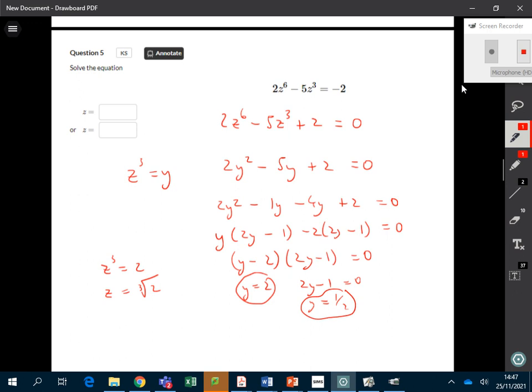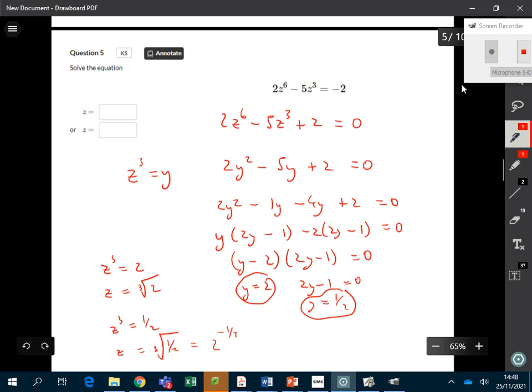And then similarly, using the other solution, if z cubed is equal to a half, then z is equal to the cube root of a half, which I guess I could write as, if I wanted to, 2 to the minus 1/3.